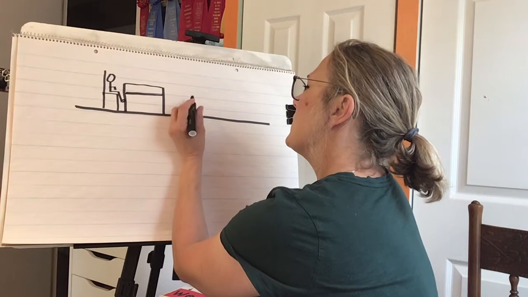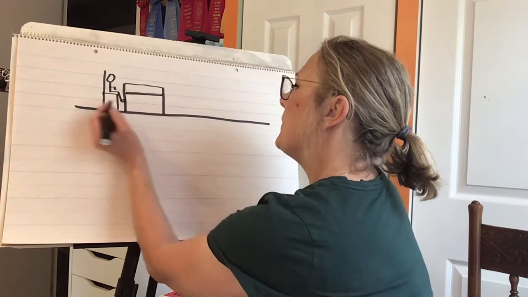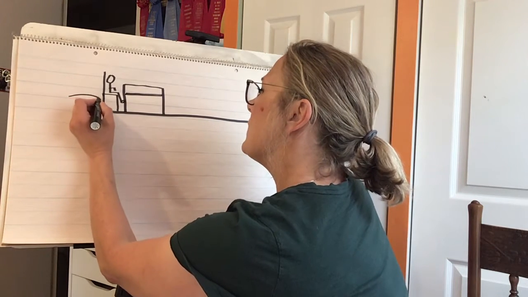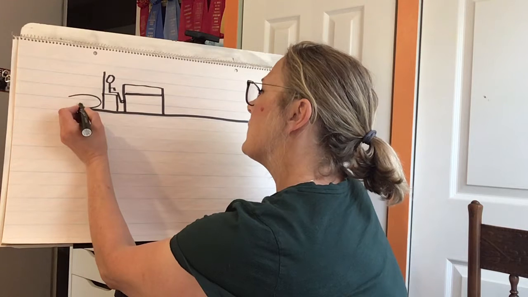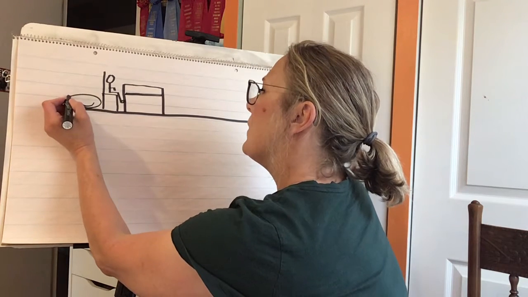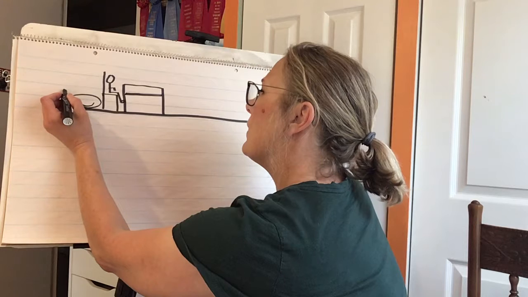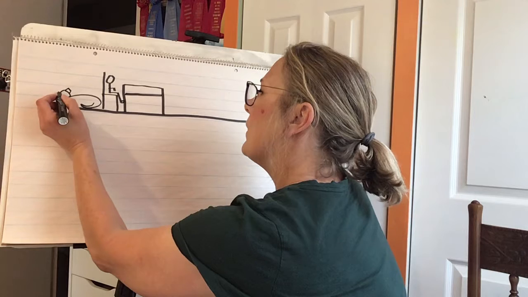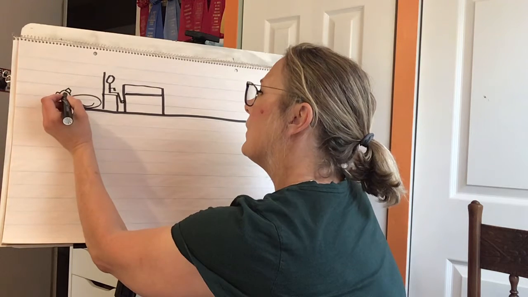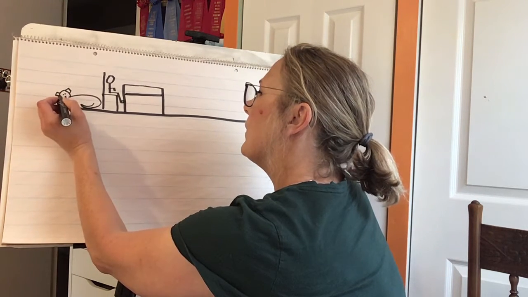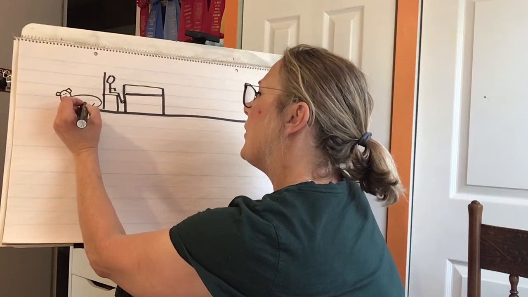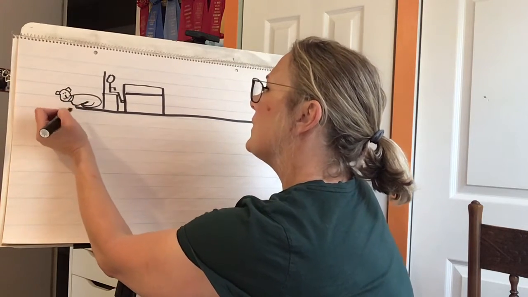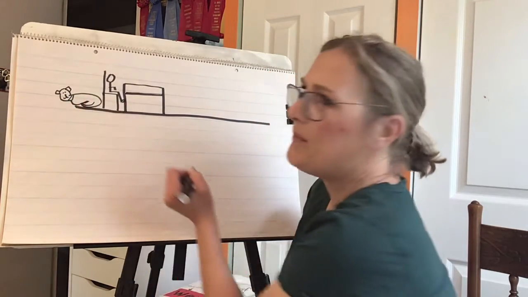Okay, and then he always likes to lay right behind my chair, so I think I'll write that. So here he is. Here's his tail. Here's his head and his little paws wrapped around. Here's his collar. He's laying on the ground, but he always lays right behind my chair.